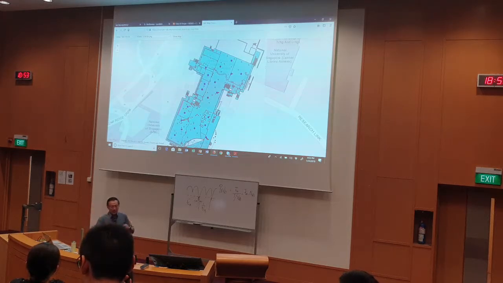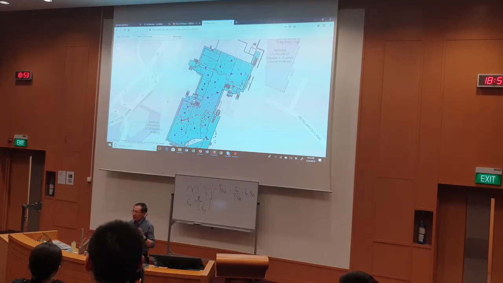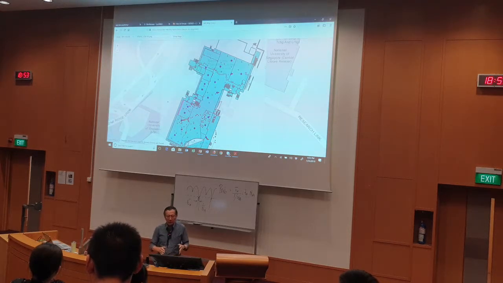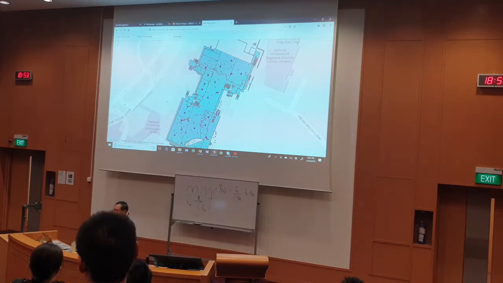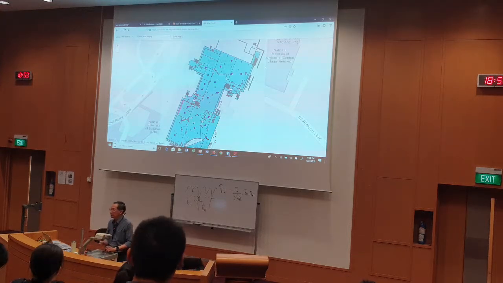Inside the bus. To allow the communication between the bus and the internet, we use a communication technology called dedicated short range communication, DSRC. DSRC is a technology that was intended for vehicle to vehicle and vehicle to infrastructure communication.